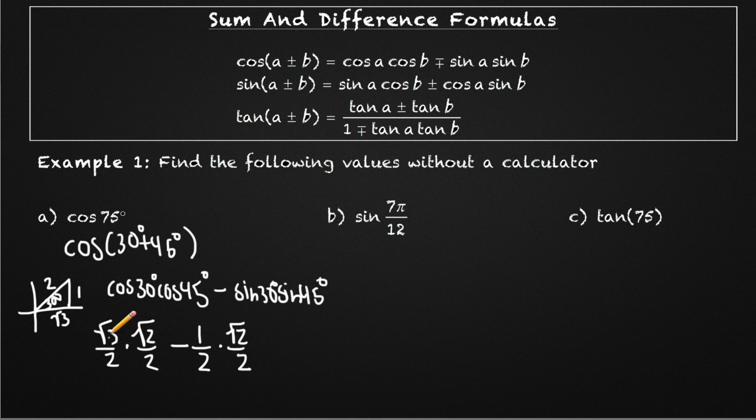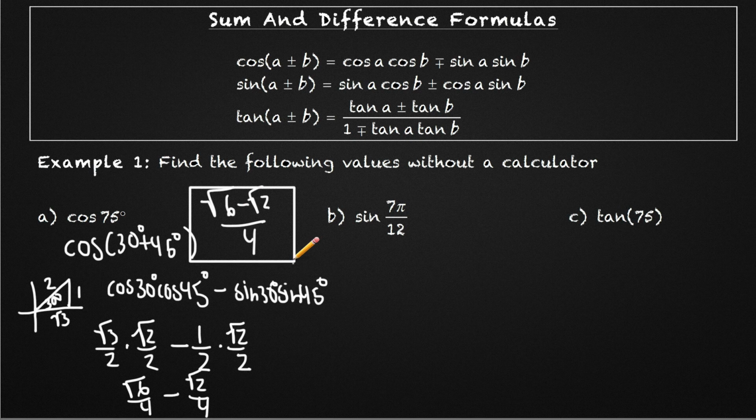So you're going to multiply these together. You're going to get root 6 over 4 minus root 2 over 4. And because these are different radicals, you can't combine them, so your final answer would be root 6 minus root 2 over 4. And for this problem, that's essentially as far as you can go.